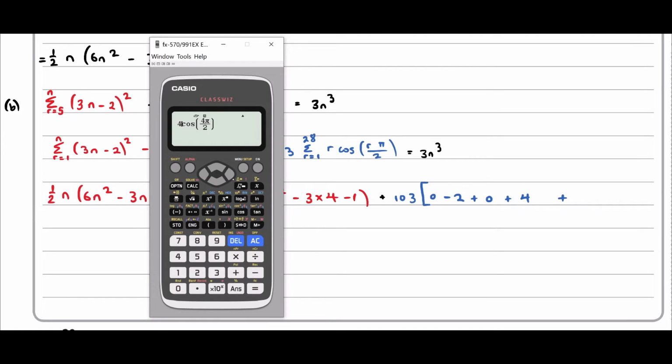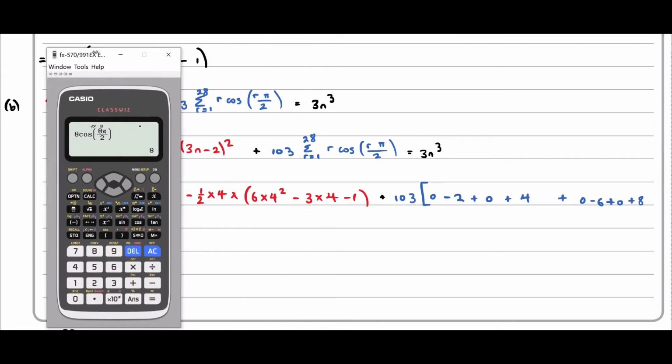Now, when r equals 5, we have 0. When r equals 6, we have minus 6. When r equals 7, we have 0. When r equals 8, we have 8. And you'd begin to notice a pattern.